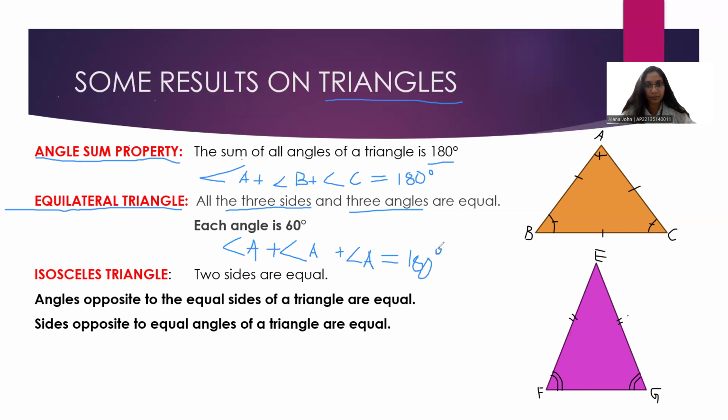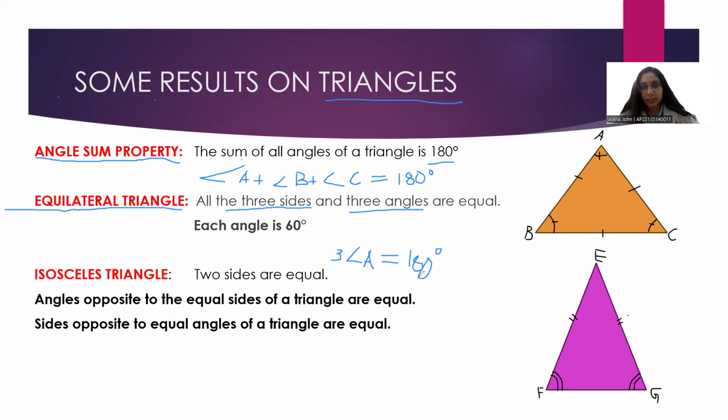Okay, fine. And here angle A plus angle A plus angle A can be reduced, and we can write it as 3 times angle A. So 3 times angle A equals 180 degrees.